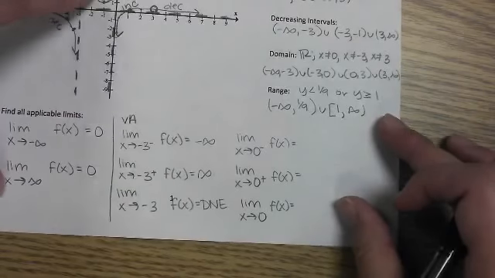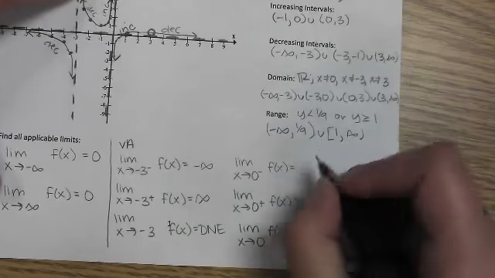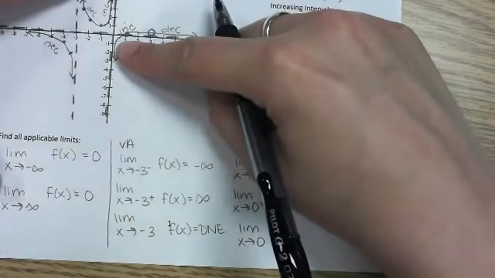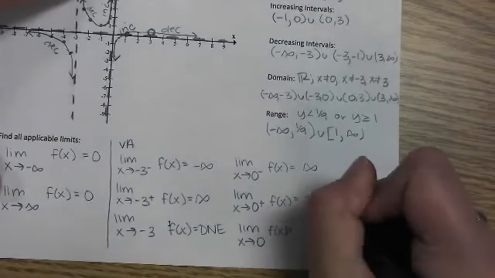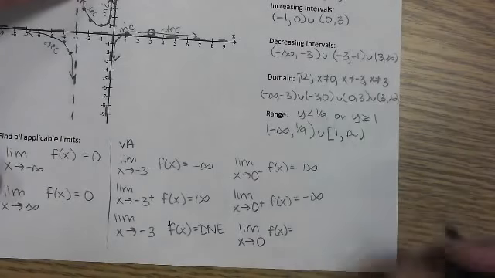So if we look at our graph, what do you see on the left side of 0? Positive infinity, that's an arrow going up. What do you see on the right side of 0? We see an arrow going down, so negative infinity. And what is our conclusion there? Does not exist.